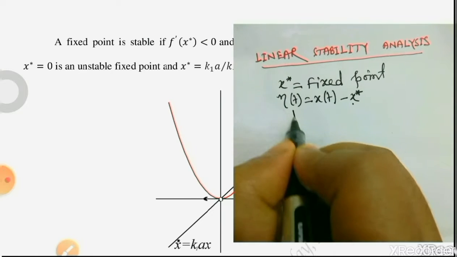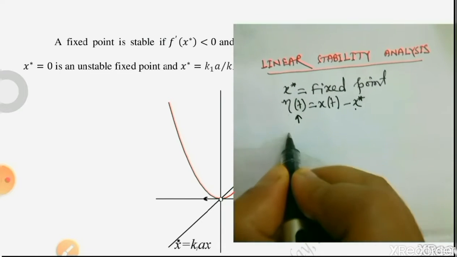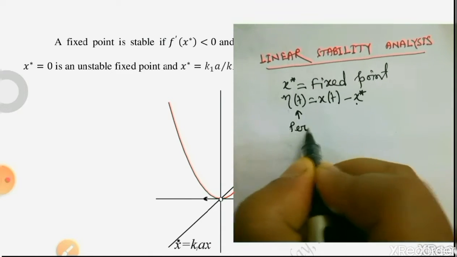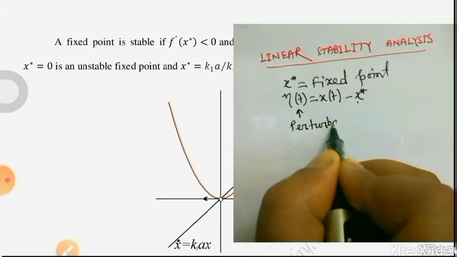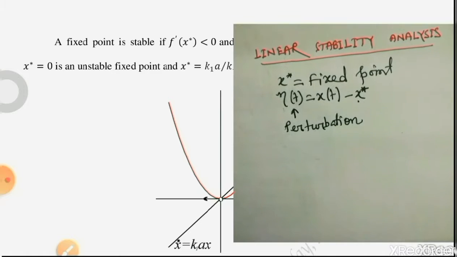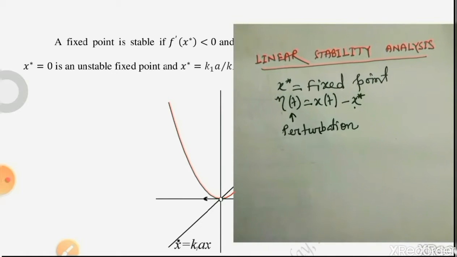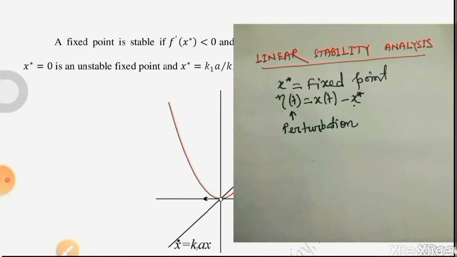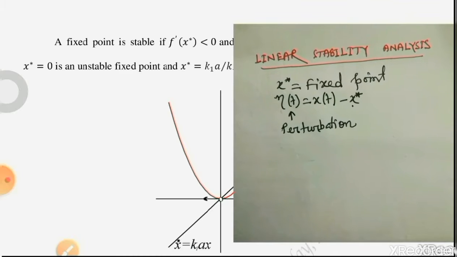Eta t is a small perturbation away from x star, that is, away from the fixed point.